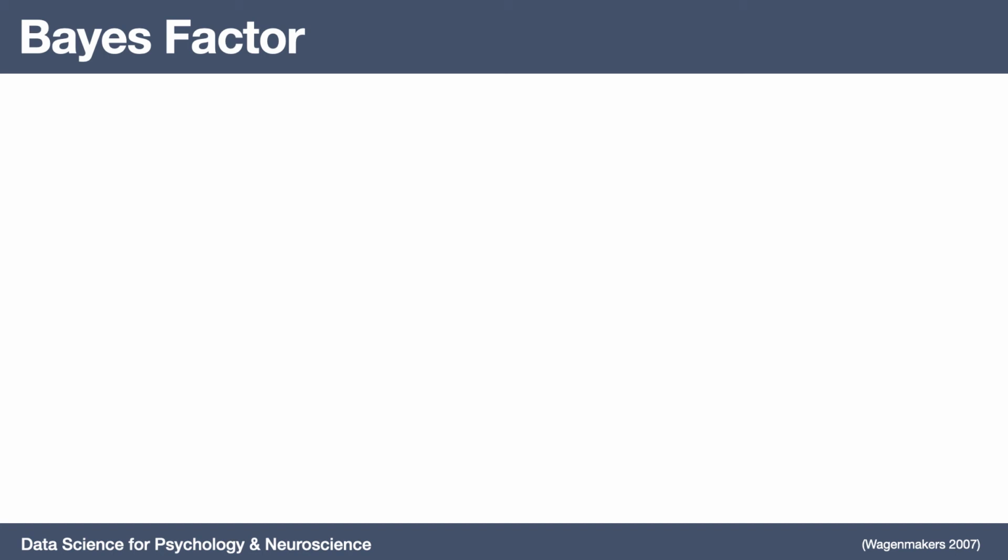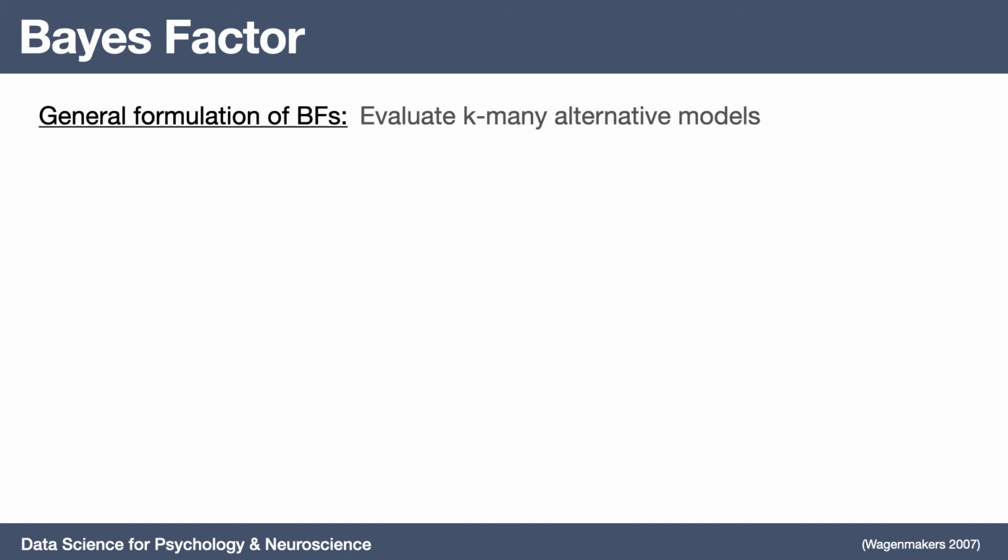The general formulation of Bayes factors, really you can use it to evaluate k-many alternative models. So the example that I showed before was just against one model. But you can actually calculate out a conditional posterior probability for any hypothesis I, given the data, against all alternative hypotheses.